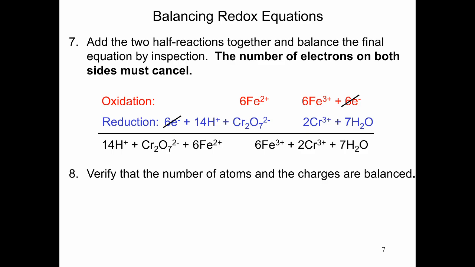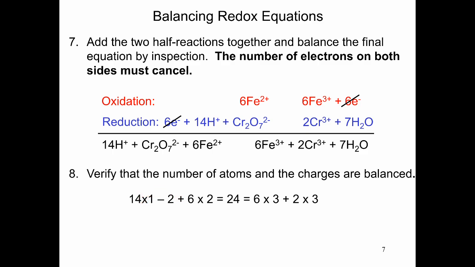Now the last step is to actually verify that the number of atoms and charges are balanced. So again, the charges on the reactant side: we have 14 positive ones from the hydronium ion, 14 times 1, minus 2, that's the charge of the dichromate, plus 6 times the charge of your iron, so you have 24.